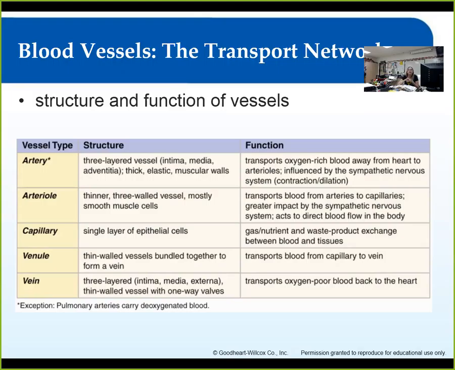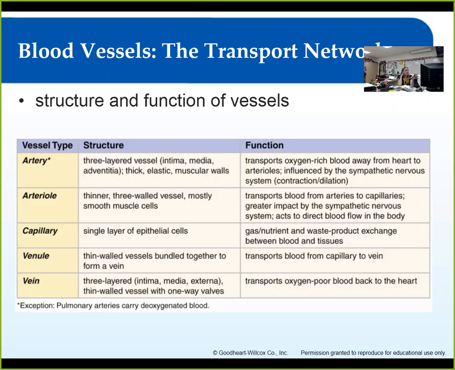So arteries always lead away from the heart. The function in your book says it transports oxygen-rich blood away from the heart to the arterioles, influenced by the sympathetic nervous system. So that can make your arteries dilate or get smaller, right?